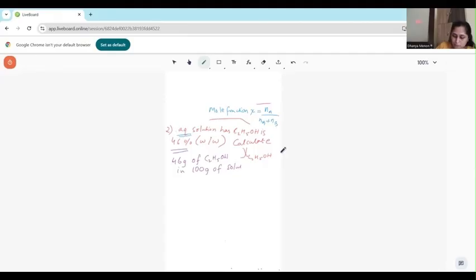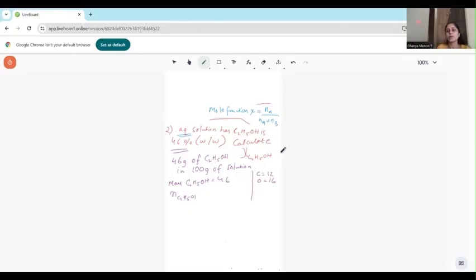So from here, I know the mass of ethyl alcohol, which is equal to 46. Now, what is the first thing I should do? I can find the moles of ethyl alcohol. So what is the formula for moles?